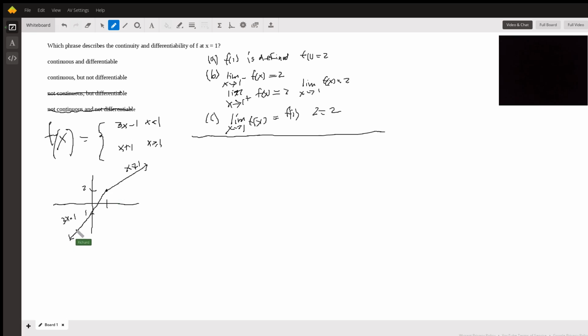So the slope of the tangent line on this side of the graph is 3. The slope of the tangent line on this side of the graph is 1, because the slope is 1 here. And because the slope does not equal that slope, it's not going to be differentiable at this point.